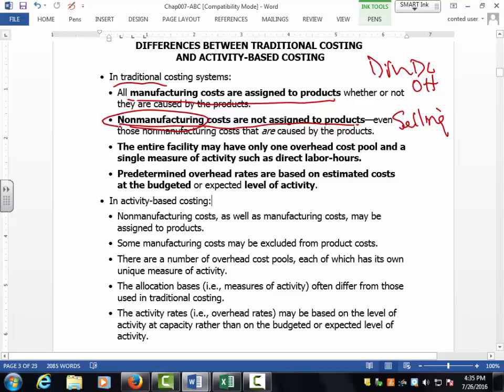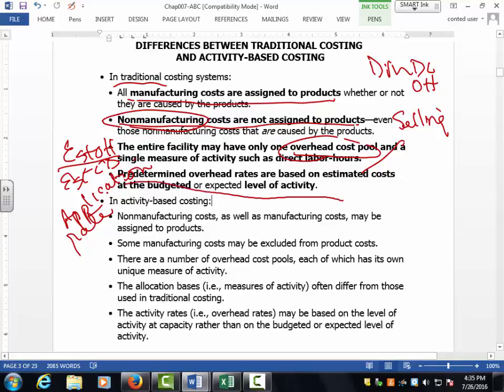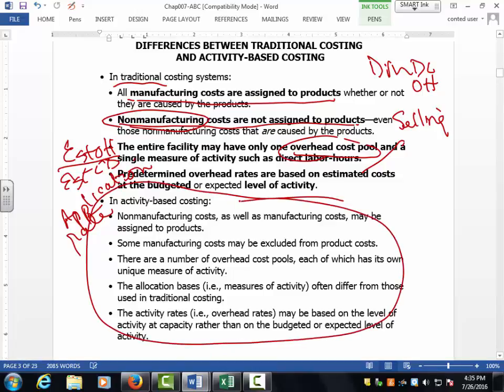The other issue is that all the overhead goes into one big cost pool and is divided by some kind of cost driver. Remember when we studied this, we did the estimated overhead divided by the estimated cost driver, and that gave us an application rate, right? That's not true with activity-based costing.